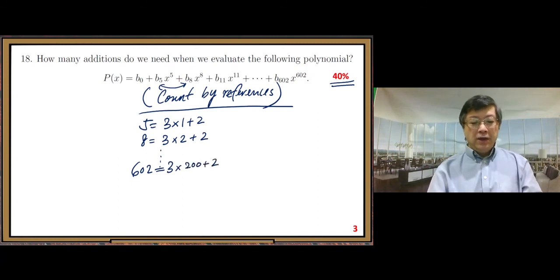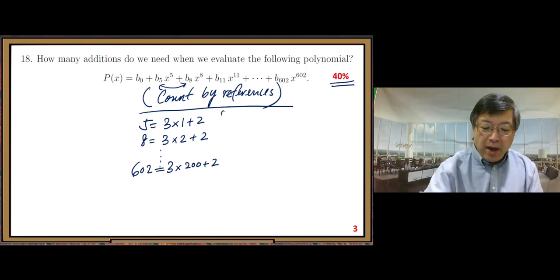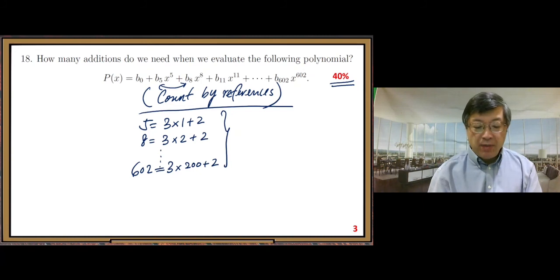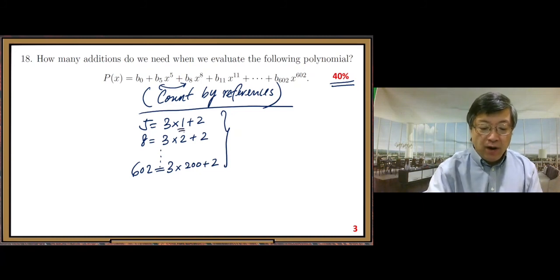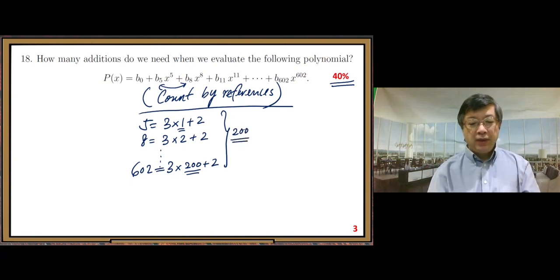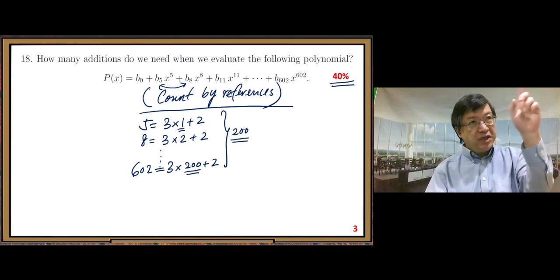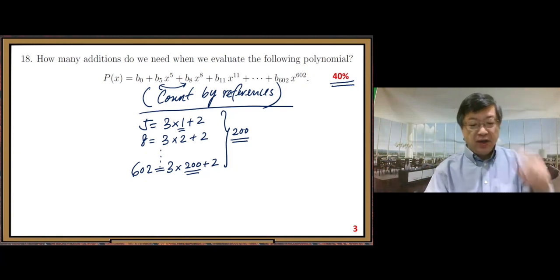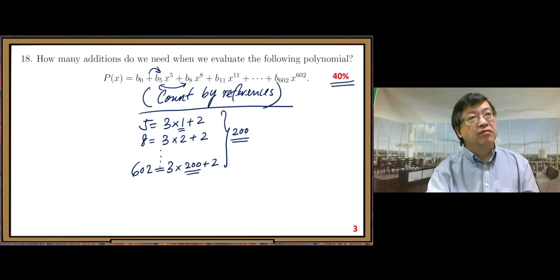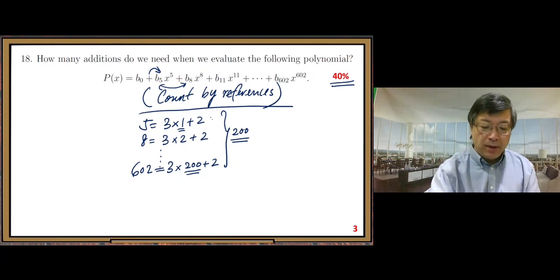Now, how many subscripts do we have here? You count from 1 through 200. 200, right? Now, association. The first plus sign is associated with the first number here.